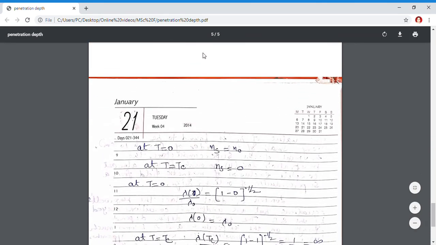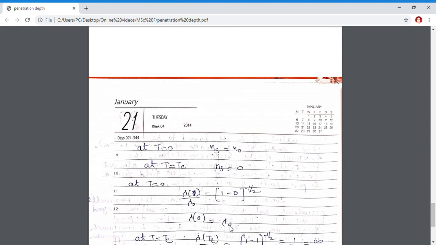This means at absolute zero, the total concentration will be N0, being the total concentration. At T equal to 0, the total concentration will be equal to the density of superconducting electrons. Now I am using T equal to 0 in the London penetration depth formula. I got lambda equal to lambda 0.